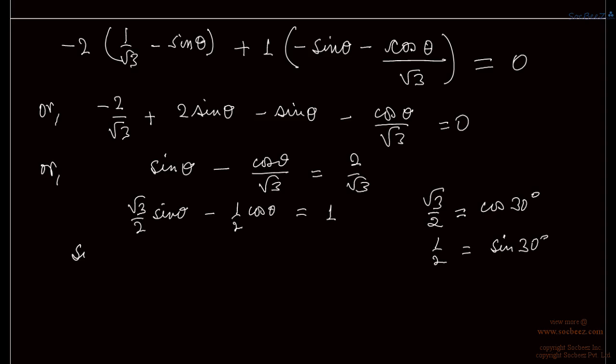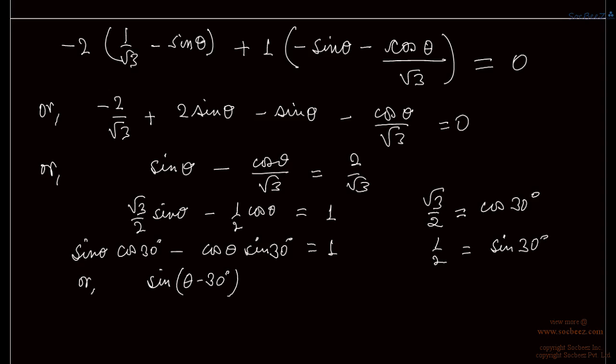So this expression can be written as sin theta cos 30 degree minus cos theta sin 30 degree, which is equal to 1. Or we can write this expression as sin(theta minus 30 degree), since the expansion of sin(theta minus 30) is sin theta cos 30 minus cos theta sin 30. So sin(theta minus 30) is equal to 1.